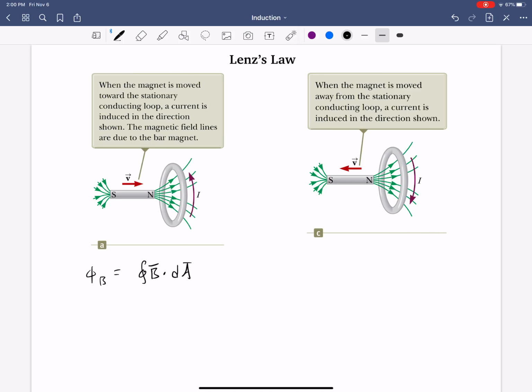So in the case at left, out of the north into the south, those field lines in green are passing through that area of pi r squared, that closed area. And because the magnet is moving closer and closer, the flux is increasing. Specifically, the strength of the magnetic field is increasing. So we can write it like such.